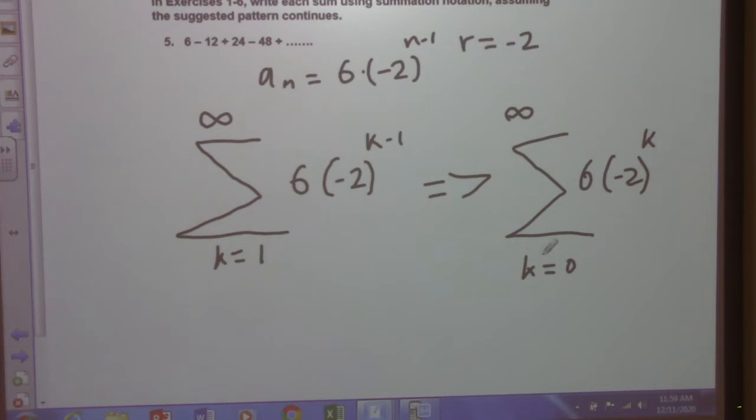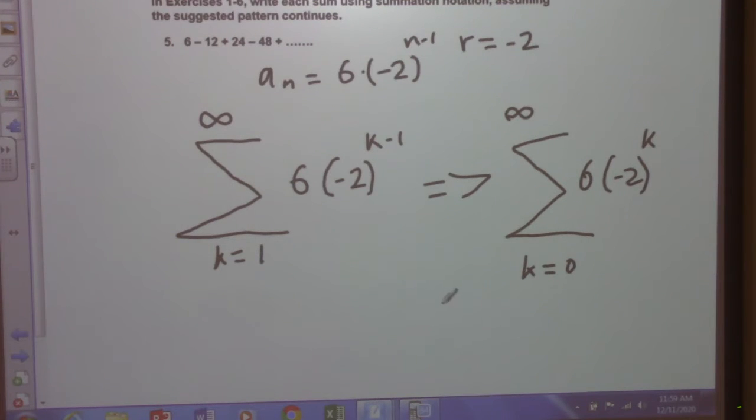But either way, when you plug in the 1 here, this is going to be negative 2 to the 0 power, and this is also going to be negative 2 to the 0 power. You see the difference between the two? This here, your exponent is k minus 1, and here, starting at 0, your exponent is just k. So this is it in summation notation.